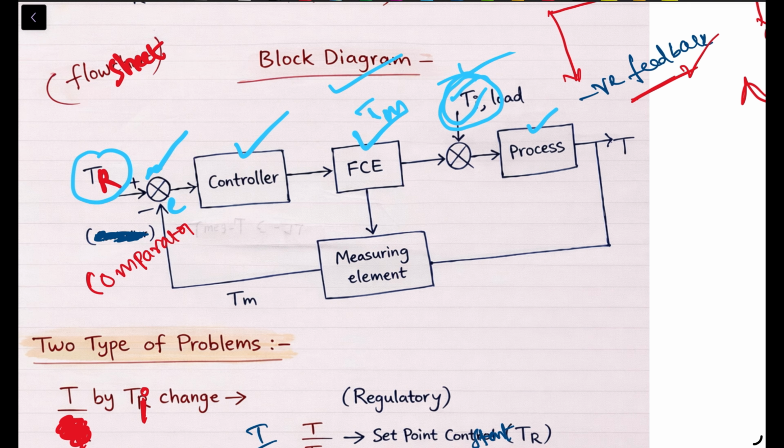The output of the process is the reactor temperature T. This temperature is measured using the measuring element and it produces a signal Tm. Finally, the signal is sent back to the comparator. So this is the form of a closed loop control system.